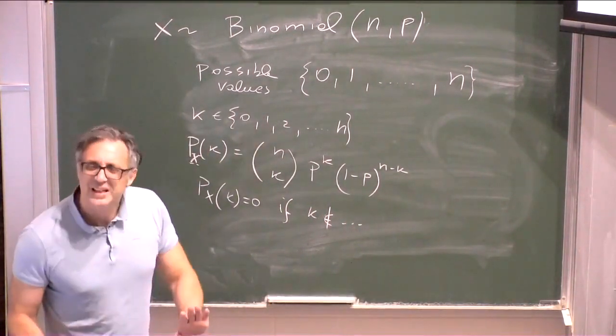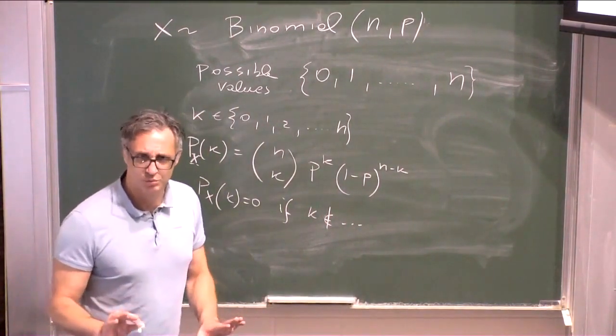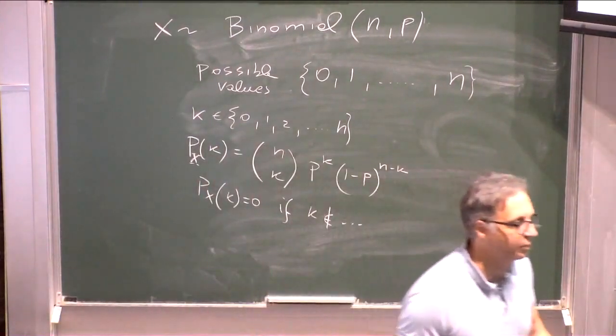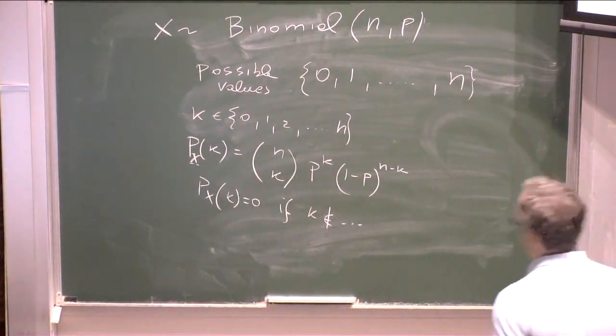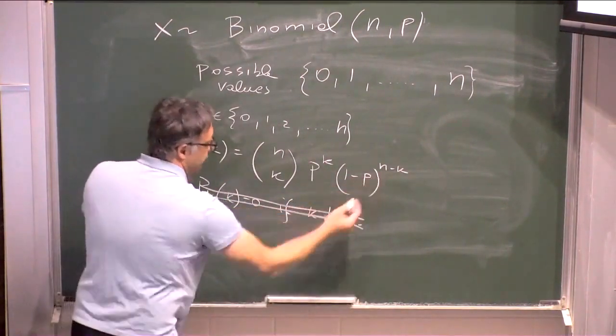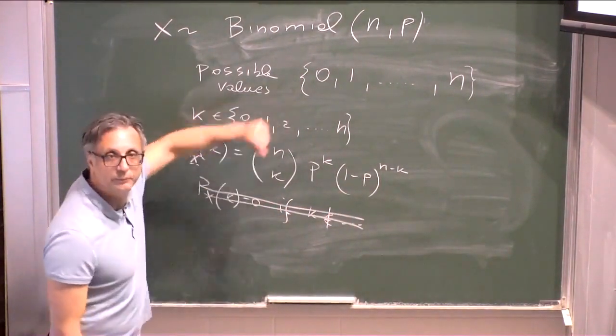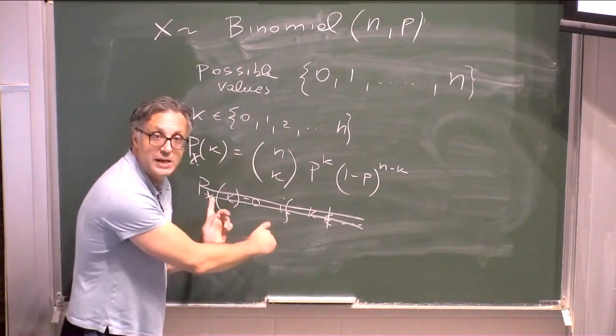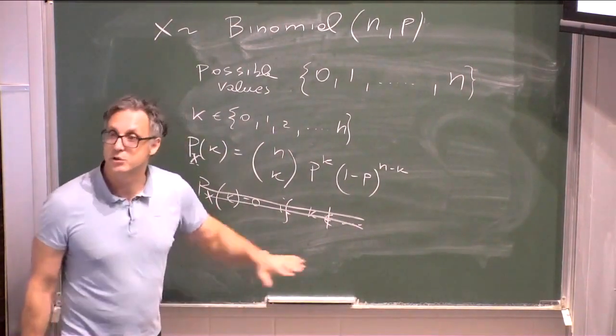Bear in mind that if you plug in something else, then you get 0 as the probability mass function. Later, in the continuous case, I will insist on the point that I just erased.